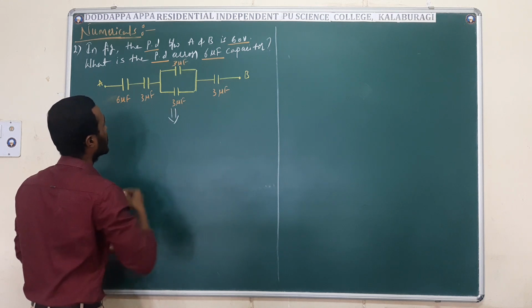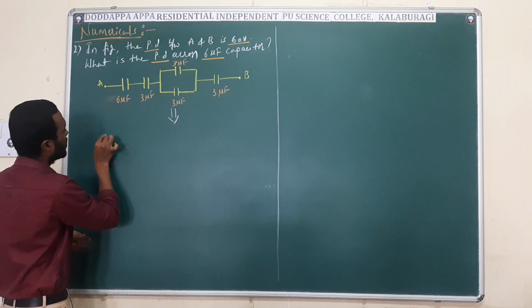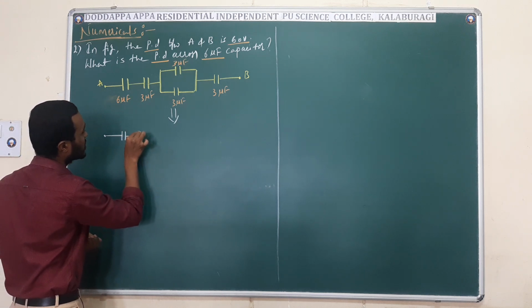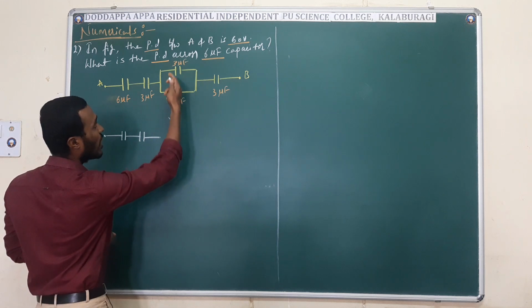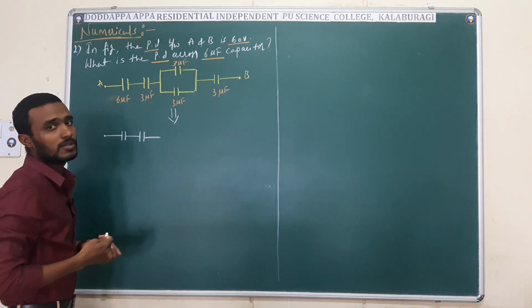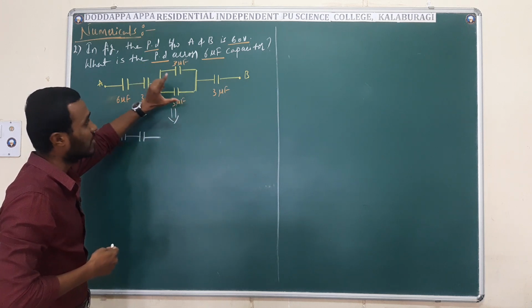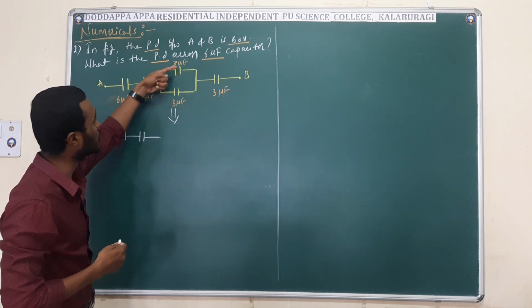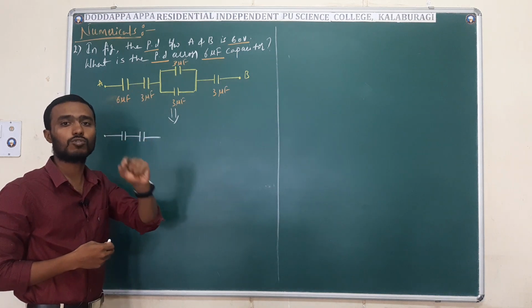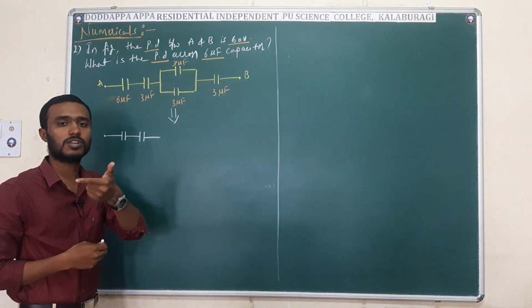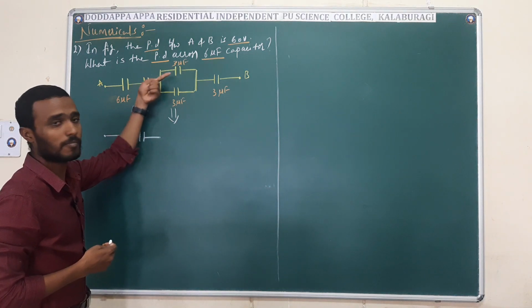For the simplification of this figure, I will keep these 2 capacitors as they are, and these 2 are in parallel. So I will apply the parallel formula for these 2 capacitors. What is the parallel formula? Cp is equal to C1 plus C2 plus C3 up to Cn. Here we have 2 capacitors in parallel, so we apply C1 plus C2.